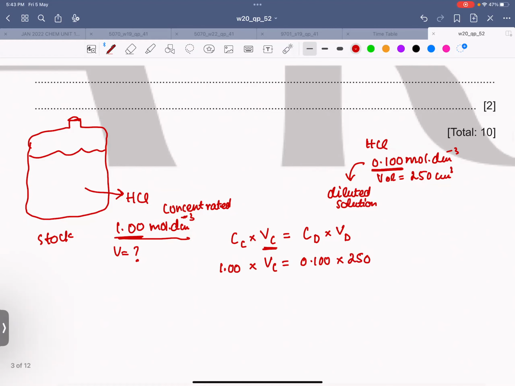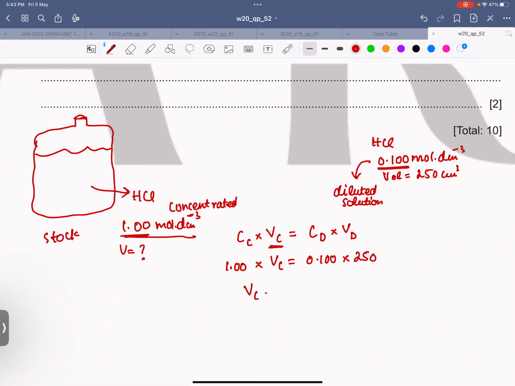So the volume of the concentrated solution is 0.100 multiplied by 250 centimeter cube divided by 1, which gives me the value of how much of this solution is needed. In centimeter cube it is 25, but in dm cube it is 0.025.